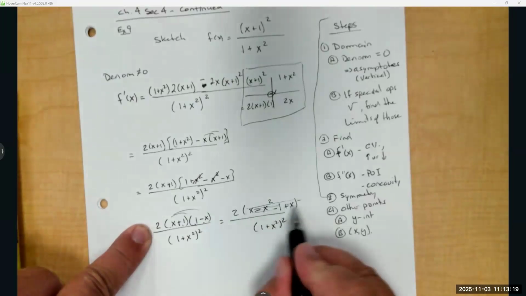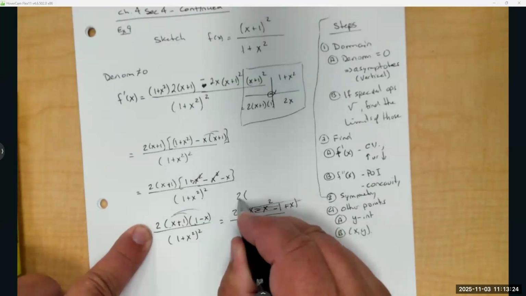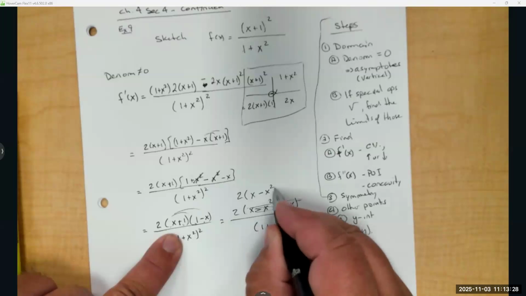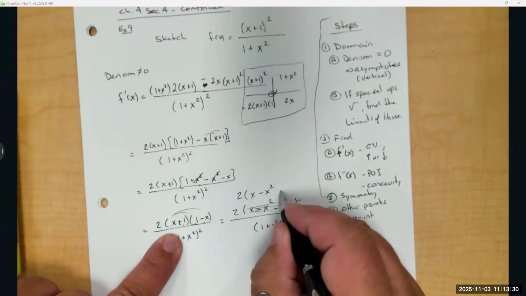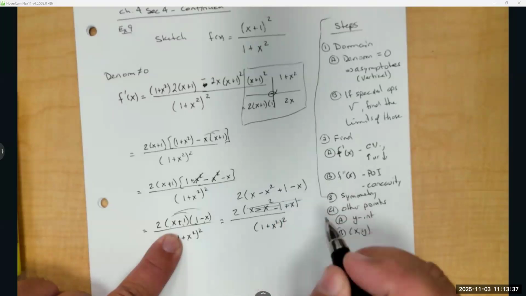Yes, that would change this whole thing because it would be a difference of 2 squares then. Then it would be 2x minus x squared plus 1 minus x.